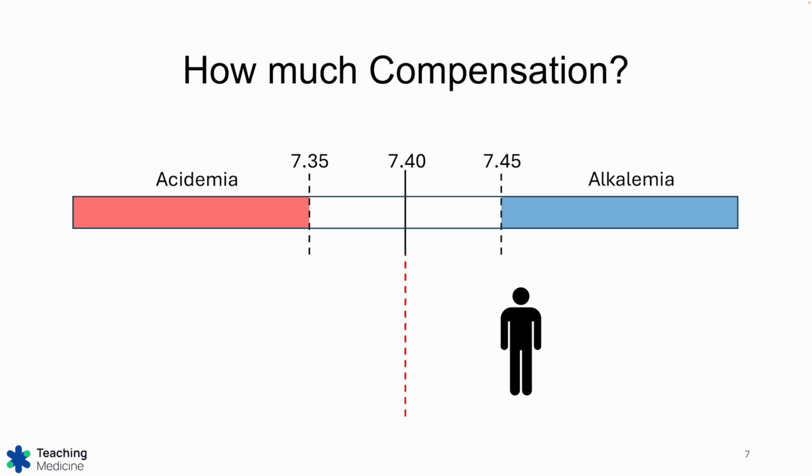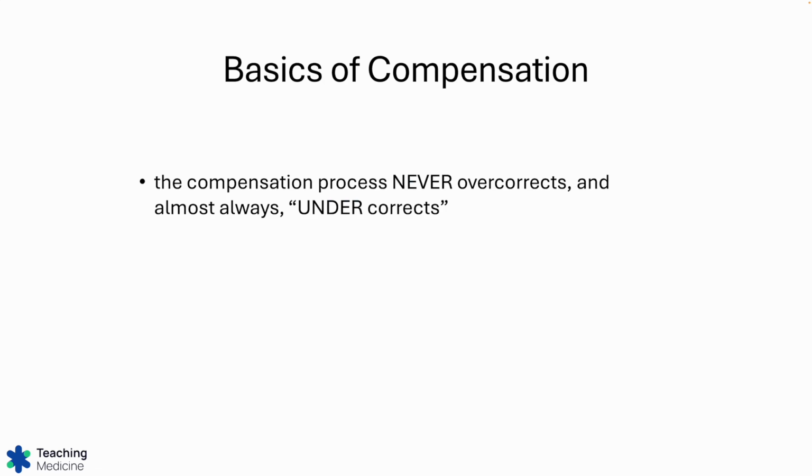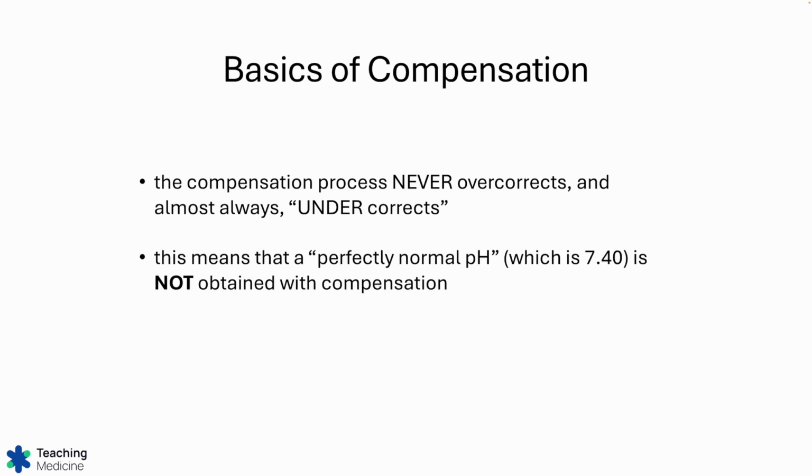Almost always, a compensated patient is still in the alkalemic or acidemic zones. Only rarely will they enter the white normal zone, and never will they cross 7.40. So those are the rules for compensation. Compensation never overcorrects and almost always undercorrects.